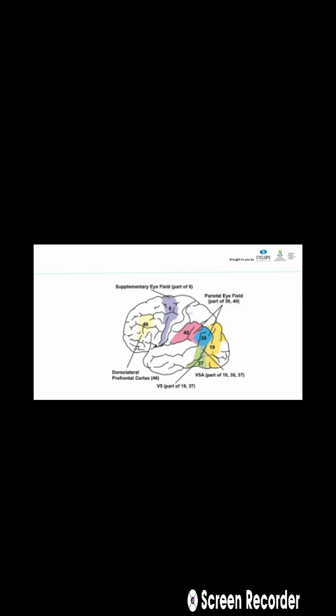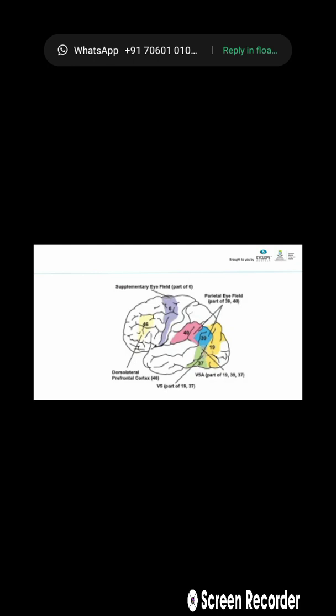And this is the area V5, that is the middle temporal area. And this is the V5A, that is the medial superior temporal area. And the supplementary eye fields and the dorsolateral prefrontal cortex.